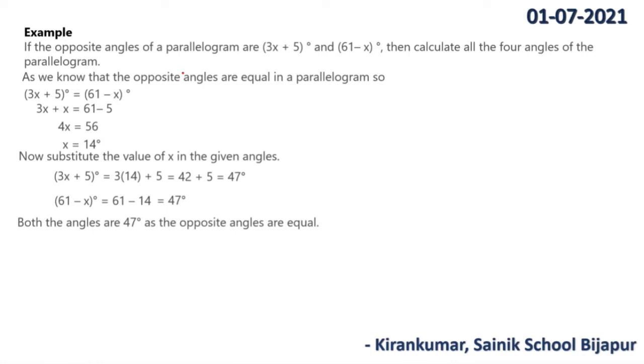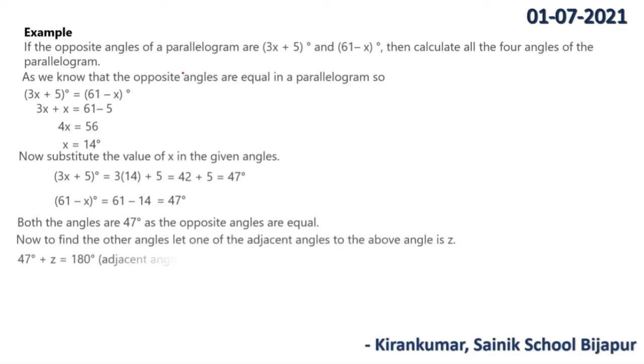Now to find the other angles, let one of the adjacent angles be z. So 47 plus z will be equal to 180 degrees. So we get z as 180 minus 47, which is 133 degrees.